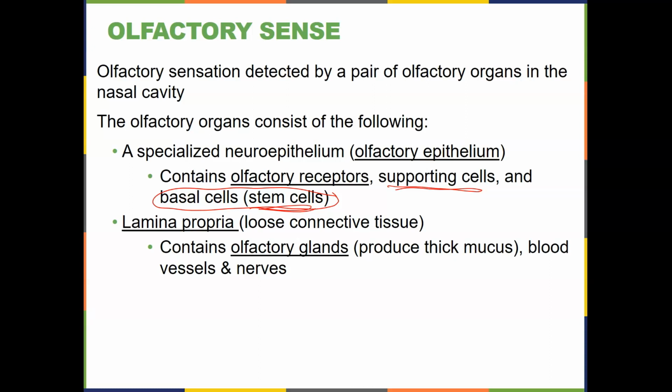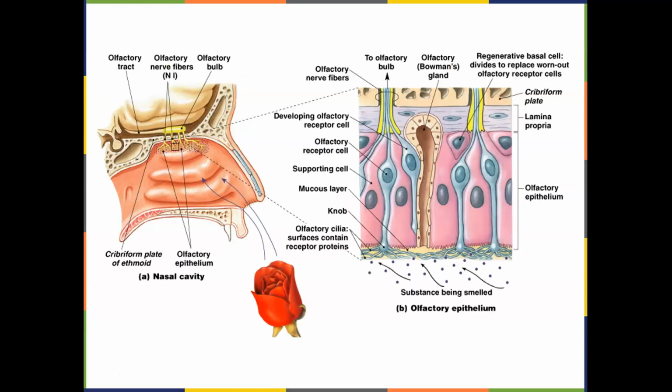Now, in addition to the neuroepithelium is the lamina propria. The lamina propria is connective tissue that holds everything in place. In addition to that, there are olfactory glands that produce thick mucus, snot basically, blood vessels, and nerves. So let's take a look at this. Here's the cribriform plate that we are so familiar with, right, with the little holes that the dendrites from the olfactory bulb hang down.